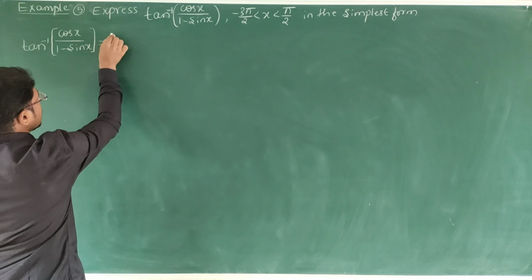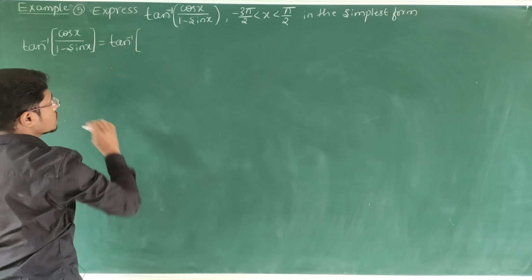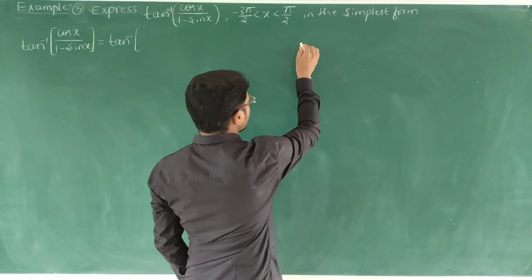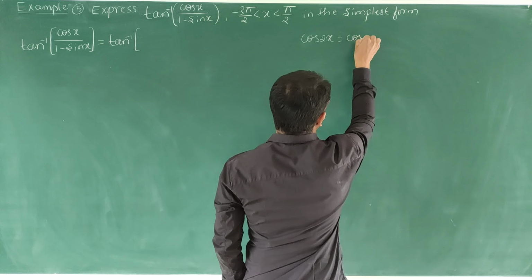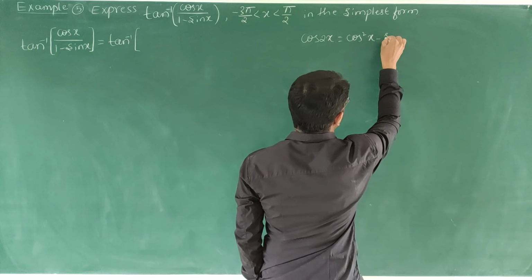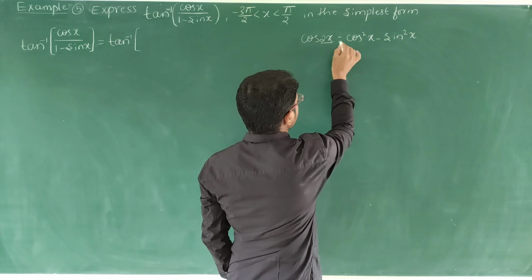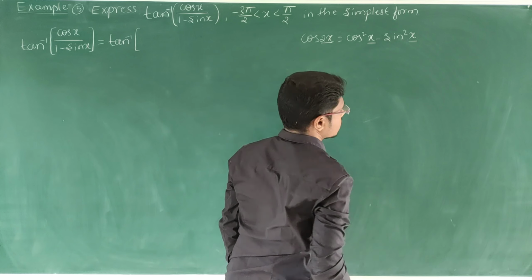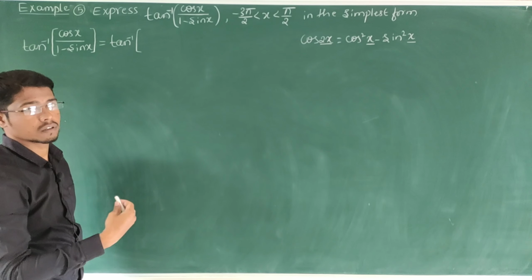So I will use the half angle formulas for this cos x. See, we know cos 2x is equal to cos square x minus sin square x, right? So 2x is there, here x. Now cos x is there, that's why I will take it as half x, x by 2.